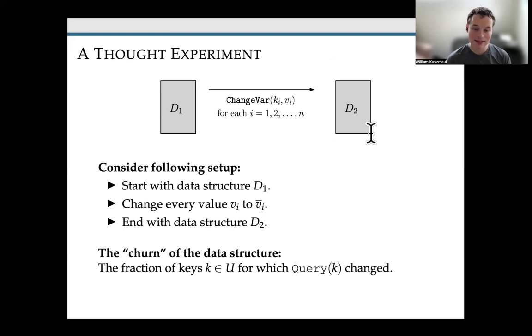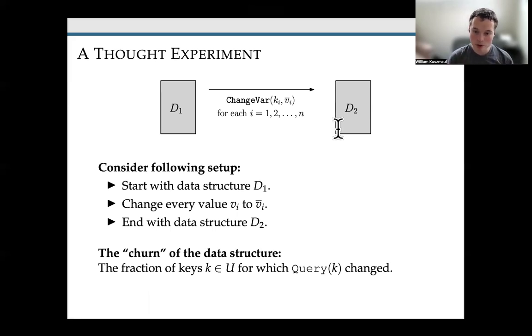So the churn is the fraction of keys, not just out of the data set, but actually out of the entire universe of all possible keys, what fraction of them have the property that the value that you would get querying the key in D1 is different from the value you would get querying the key in D2? So the churn is the fraction of keys in the entire universe whose query value changes between the two data structures.